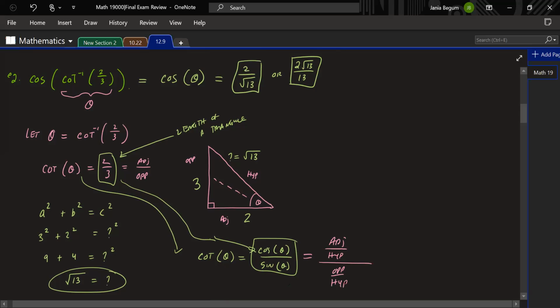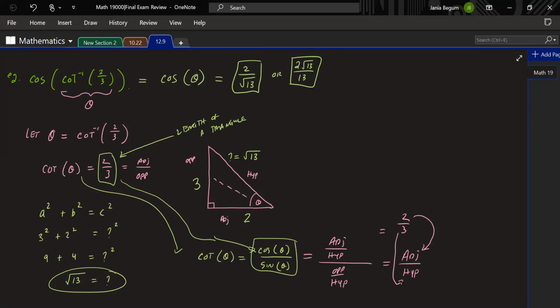So then the hypotenuse will cancel out, and you have adjacent over opposite. So that's why these values, 2 over 3 that we had, 2 corresponds to adjacent and 3 corresponds to opposite, because you're purely using the definitions to rewrite cotangent, and cotangent is not simply cosine over sine, it's adjacent over opposite. Does that make sense a little bit more? Yeah, it does.